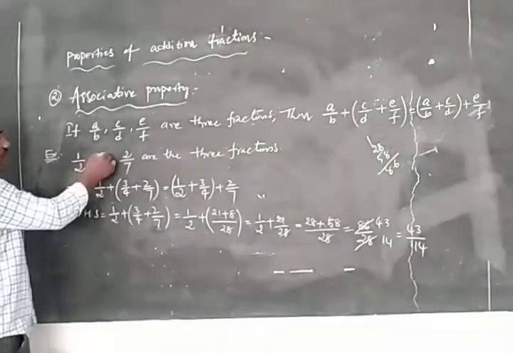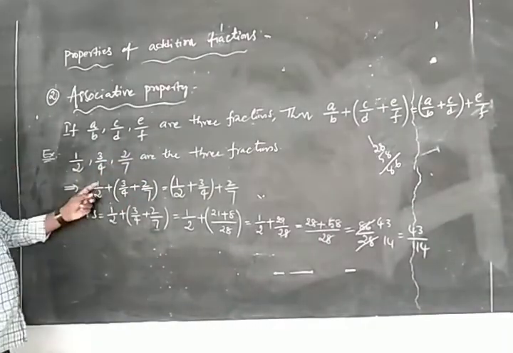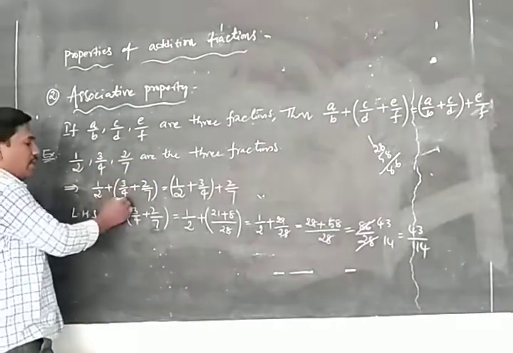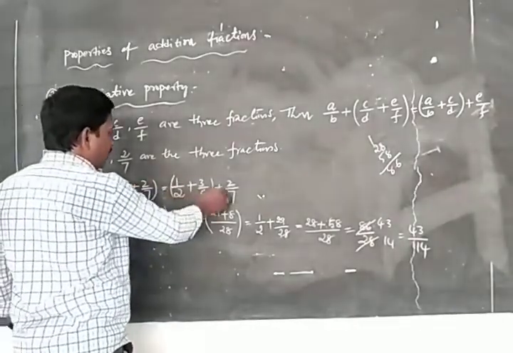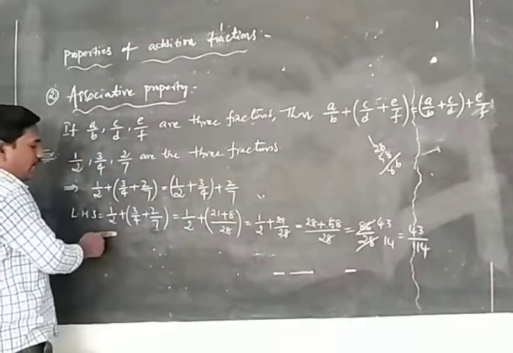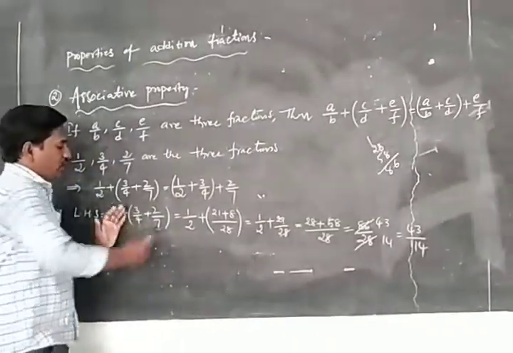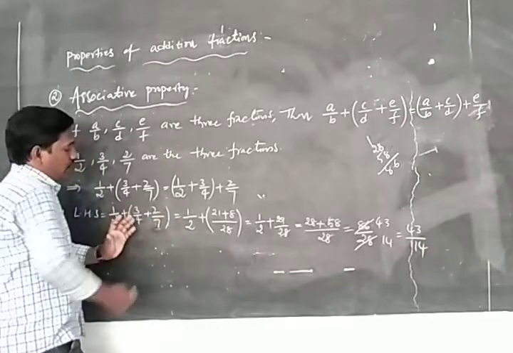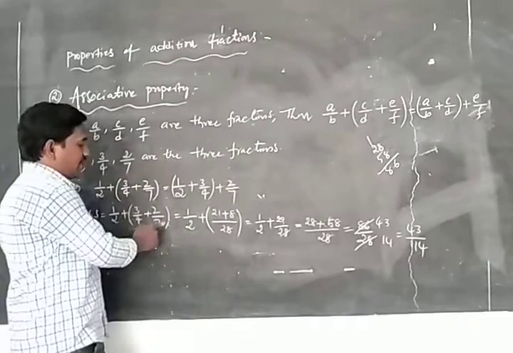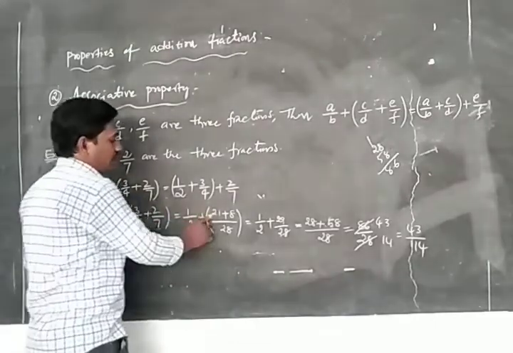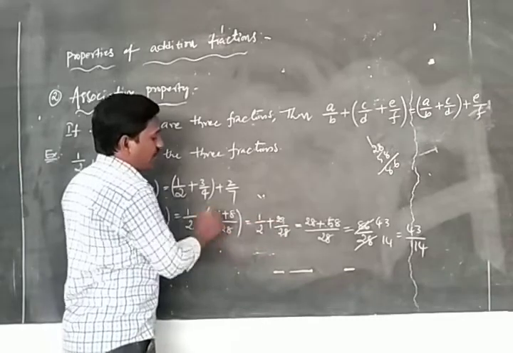1/2, 3/4, 2/7 are the three fractions. 1/2 plus 3/4 plus 2/7 equal to 1/2 plus 3/4 plus 2/7. Okay, 1/2 plus, which are in bracket, both fractions should be simplified. 3 sevens are 21, 4 twos are 8. 1/2 plus 29/28.